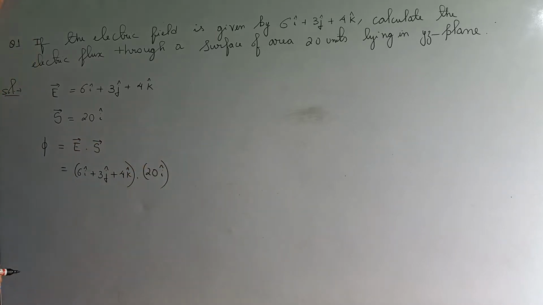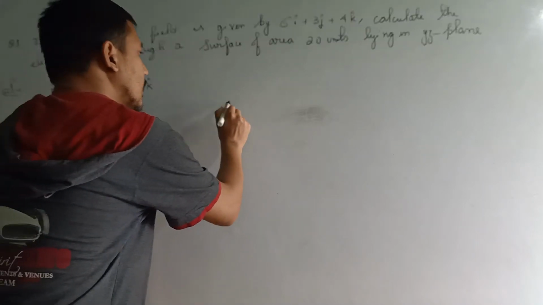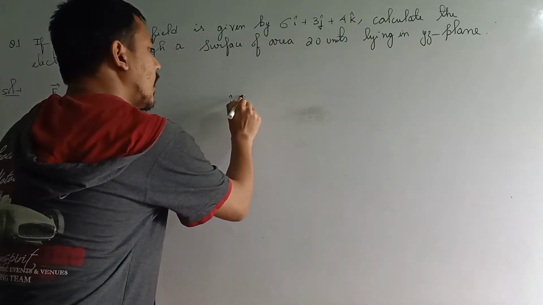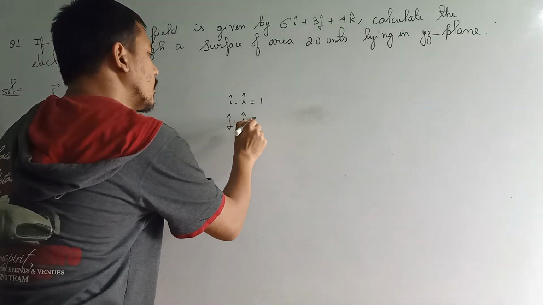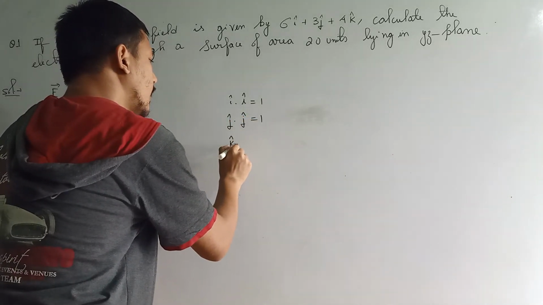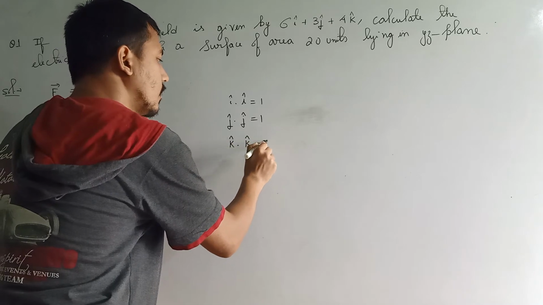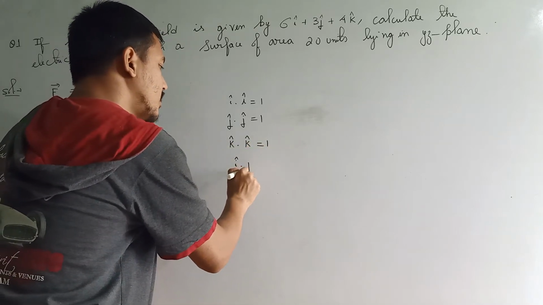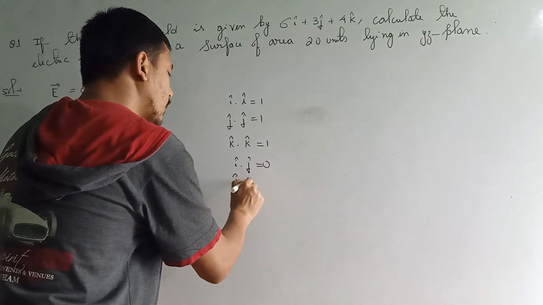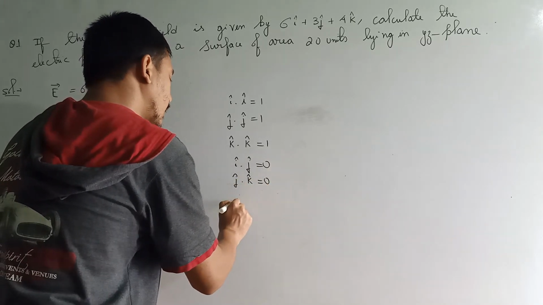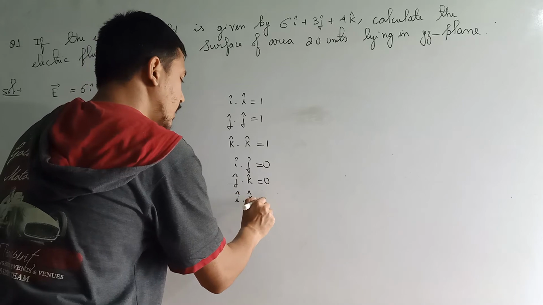In vectors we know that i dot i will be equal to 1, j dot j will be equal to 1, k dot k will be equal to 1. But i dot j will be 0, j dot k will be 0, and i dot k also will be 0.